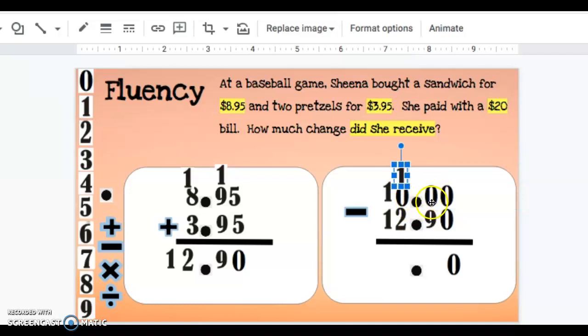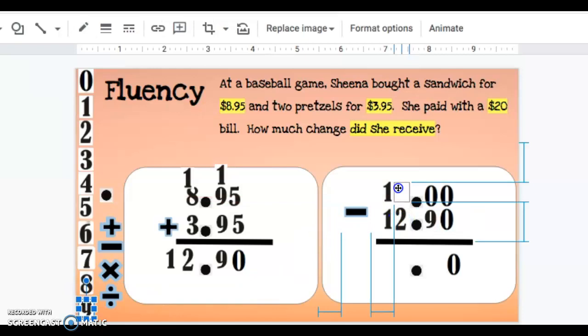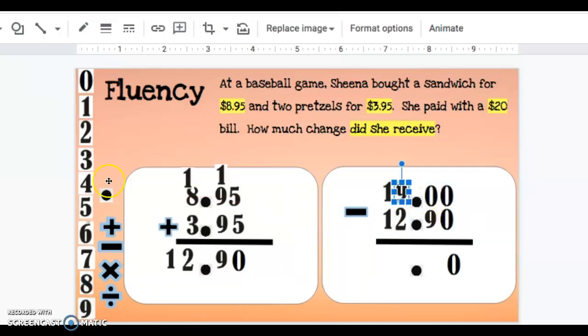But we still need to make this 0 have something to be able to subtract the 9 from. So I have to take away from this 10 now, which turns this 10 in the 1 spot to a 9. And then the 0 in the 10th spot turns into a 10.